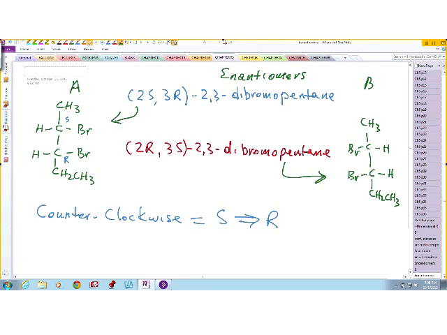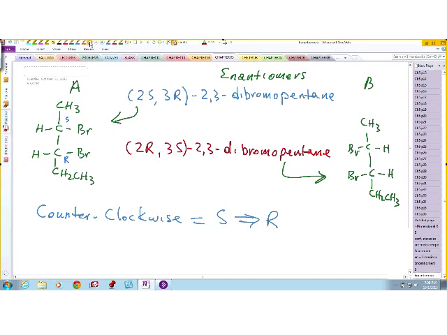Now, in this particular instance, if you take a look at this molecule here, we say we have 2 chirality carbons.